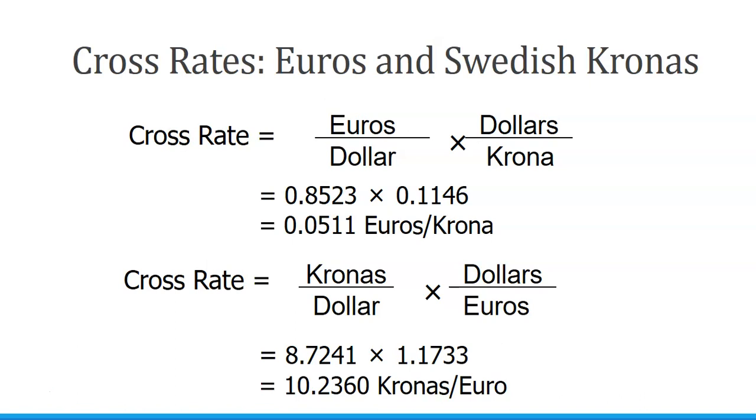So when we put them into this equation, the euro to the krona is 0.0511. And then the cross rate, the inverse of that, the flipped version of that, we need 8.7241 kronas to buy $1 and 1.1733 euros for $1. So the exchange rate then is 10.2360 kronas to euro.